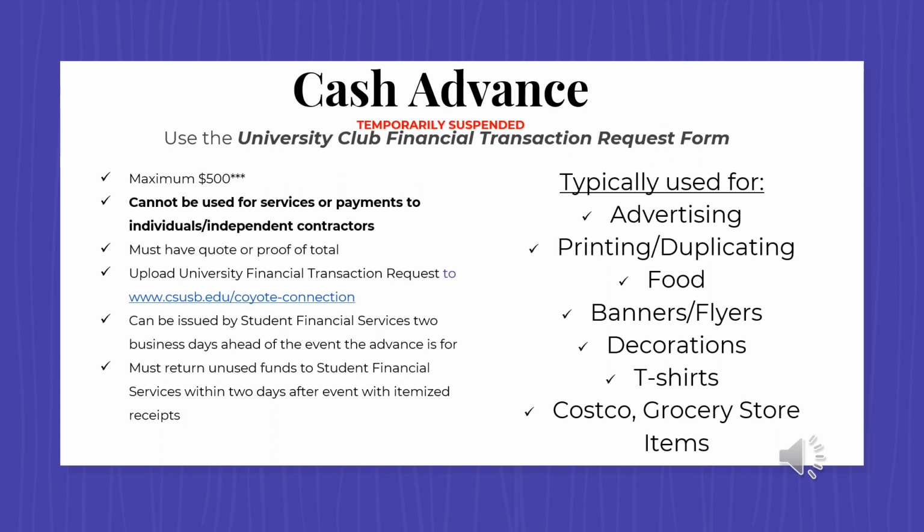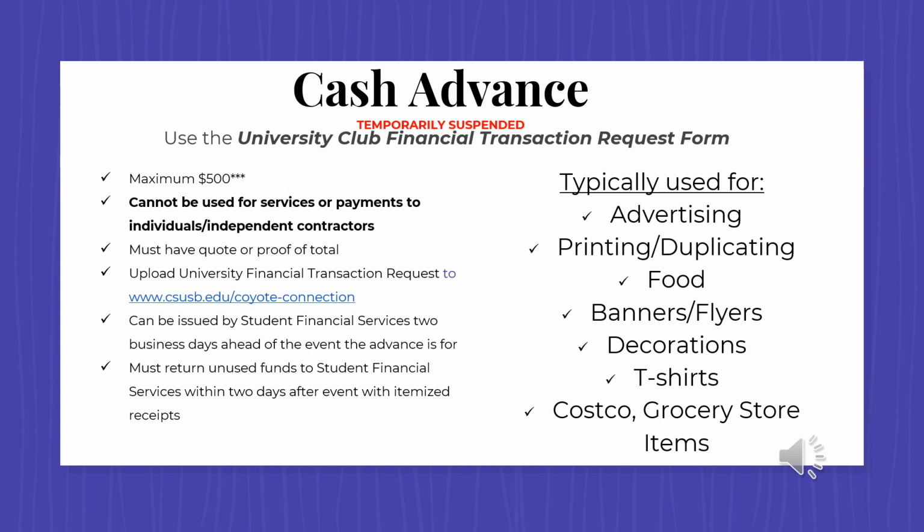Cash advances have been temporarily suspended. However, once reinstated, cash advances are available up to $500. Please never use a cash advance to pay for a service to an independent contractor or to an individual, as this is prohibited. Please note the 2-day rule. Cash advances can be requested up to 2 days prior to an event.